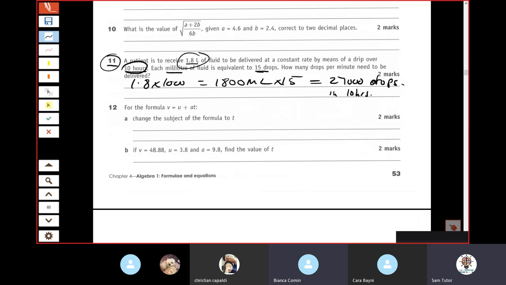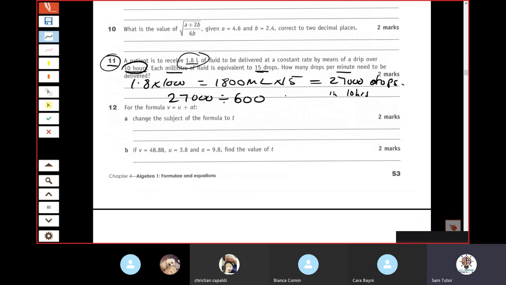So now it's up to you. You want it per minute, right? You've got to make a decision. Are you going to divide that into hours and then into minutes, or do you want to convert 10 hours into minutes straight away? Doesn't really matter. I'm going to just divide it straight away into minutes. So 27,000 divided by how many minutes are there in 10 hours? 6,000, isn't it? 10 times 60.